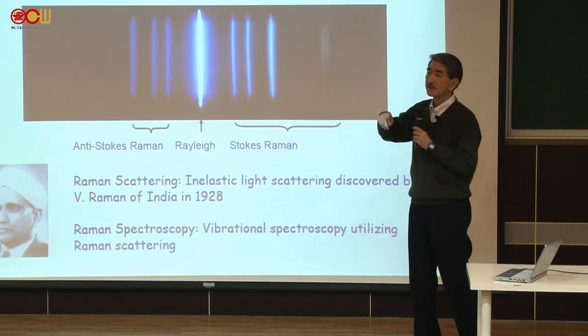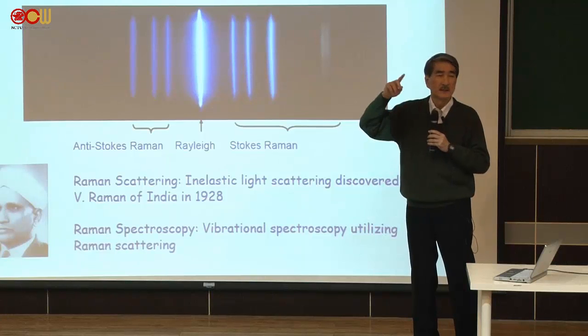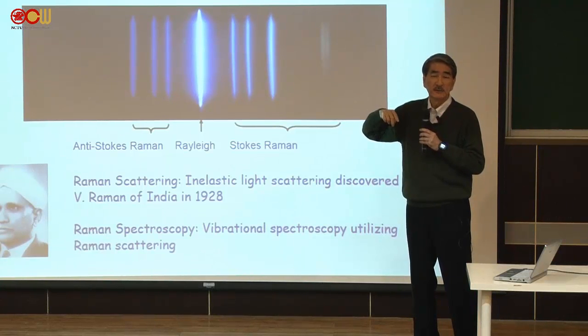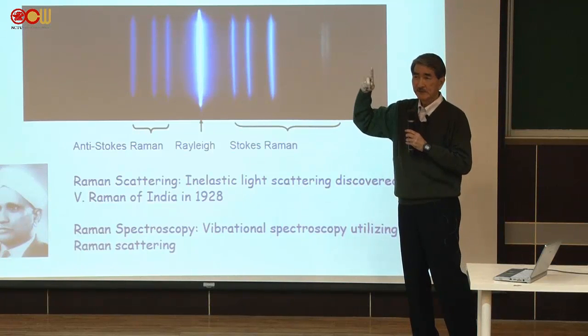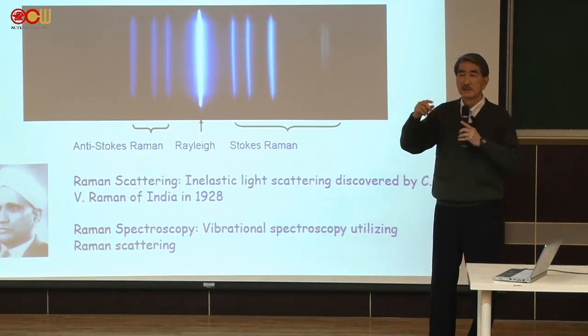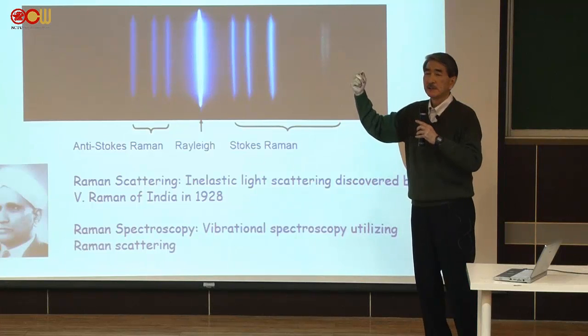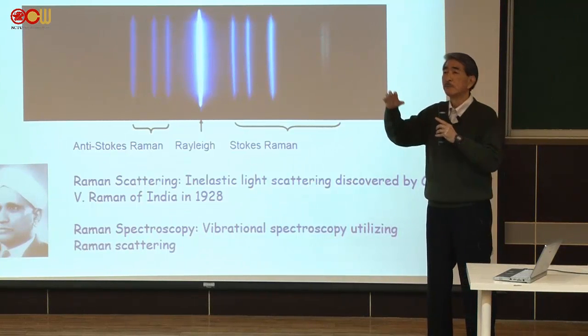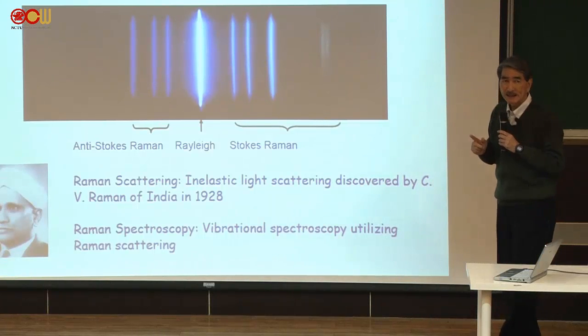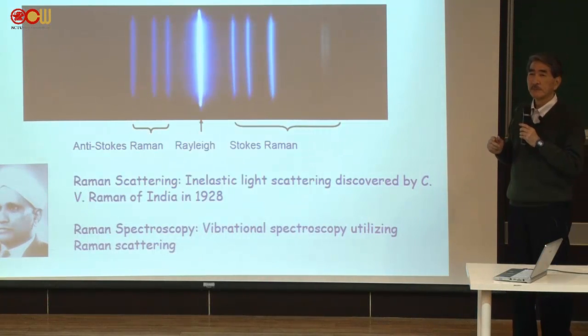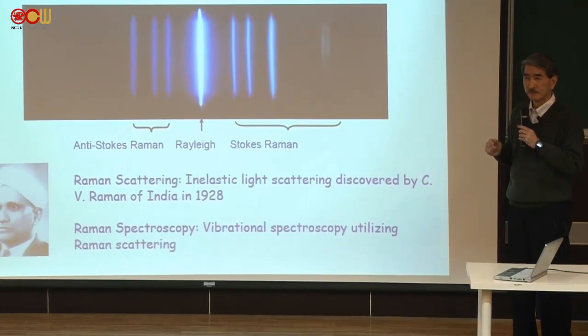So the molecules are excited by the scattering, okay? So this is a kind of inelastic scattering. In elastic scattering, there is no exchange of energy between the incident photon and the molecule, okay? So Raman scattering is an inelastic scattering of photons by molecules, okay?